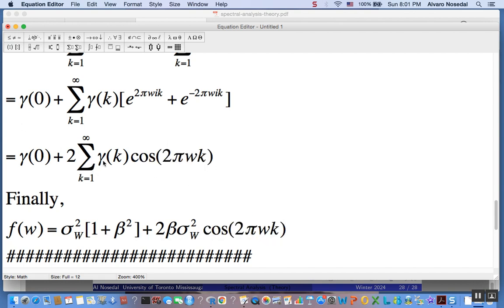And then when k equals 2, gamma at 2 is 0, 0 times whatever, then we're going to kill it. This cosine is not going to matter. Gamma at 3, again, it's going to kill that cosine here, and so on. So that's what you end up with here. That will be the spectral density for your moving average of first order. Okay? Now, let's try and find the normalized spectral density.